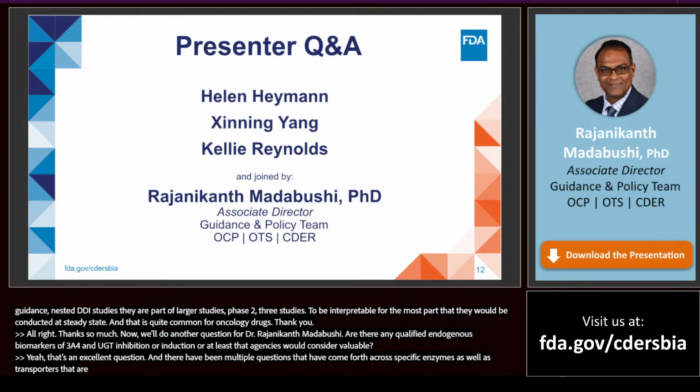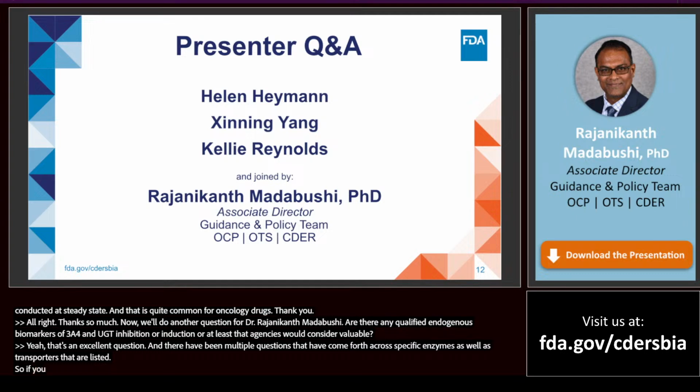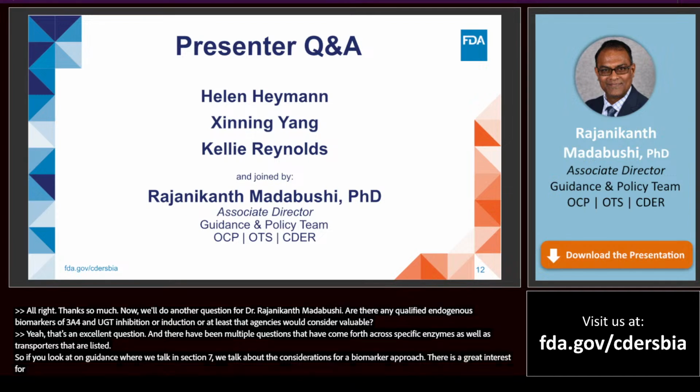So if you look at our guidance where we talk in section 7 about the considerations for a biomarker approach, there is a great interest in having reliable and sensitive endogenous biomarkers.